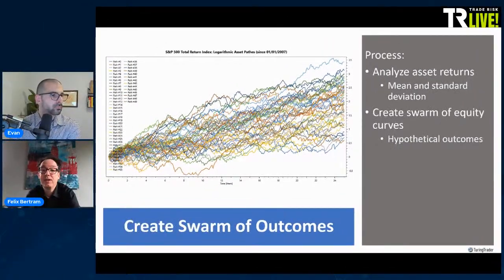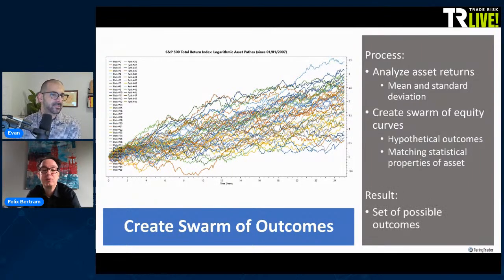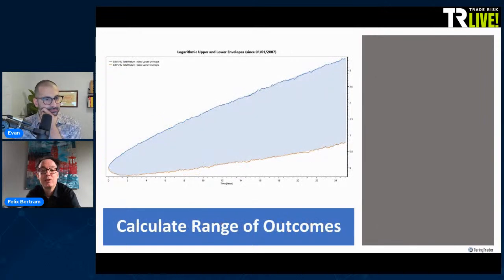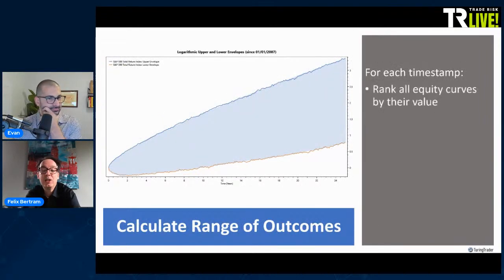These are all hypothetical outcomes, and all of them are matching the statistical properties of the S&P 500. And now we have this swarm of possible outcomes. That in itself is not particularly useful yet, but we can clean this up and make it look like this. If basically we rank the equity curve at each point in time and pick values at certain percentiles.